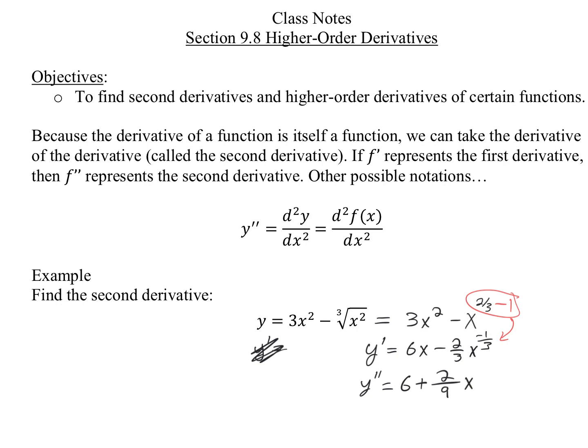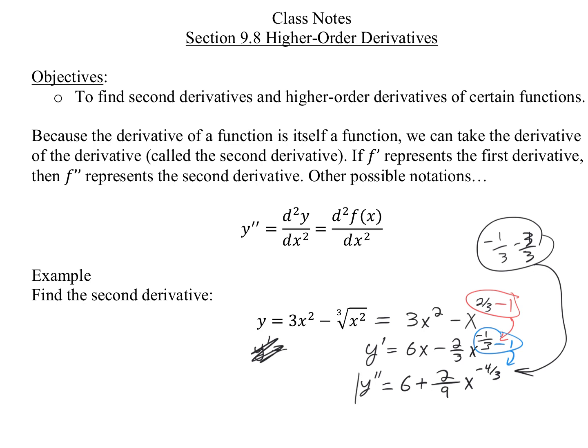Then it'll be x raised to some new exponent, and we always take the previous exponent and subtract 1. When we do that, the new exponent we get is negative 4/3. If it's helpful, just write this off to the side: negative 1/3 minus 1 would be the same thing as subtracting 3/3, because 1 and 3/3 are the same. That is how I come up with that exponent.